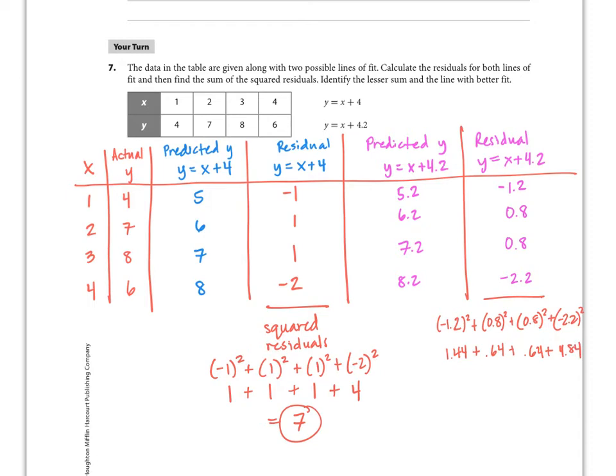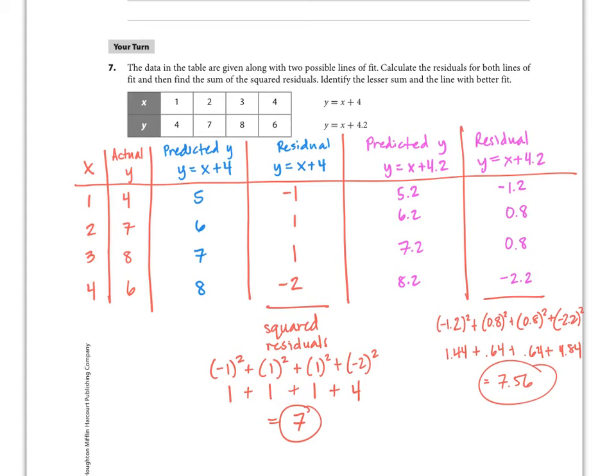So when I add these all up, I'm going to get 7.56. And that's the sum of my squared residuals for the second line of fit.